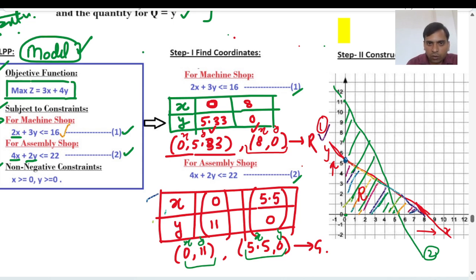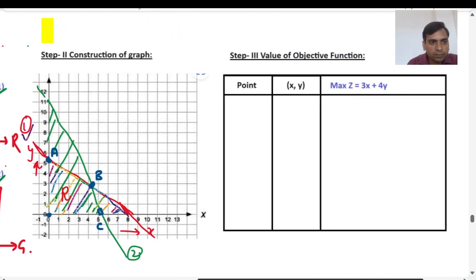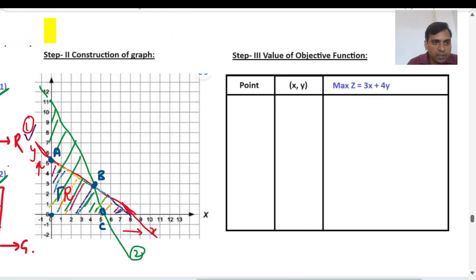In this common region, there are basically 3 points: first is A, second is B, and third is C. We will consider only these 3 points to find the solution, and this is the feasible region, FR.